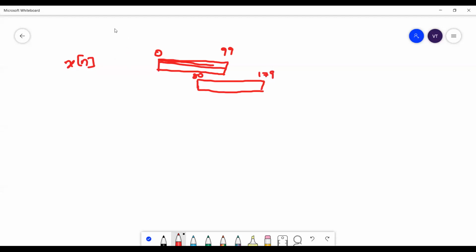And now if I shift this by minus 80 samples, this is x of n plus 80. This is x of n, and this is x of n minus 80.